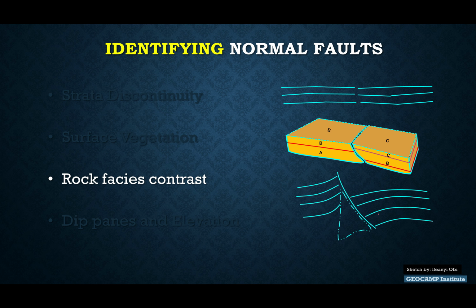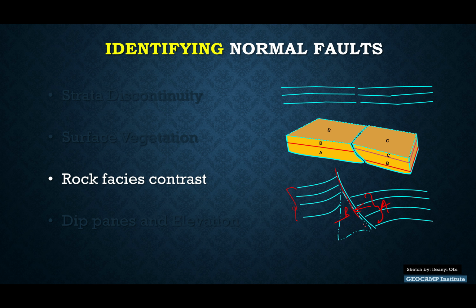Supposing I have facies A in this area, and then moving to the west, abruptly I see a different facies B. It tells me something might have caused that abrupt change, and in most cases, especially if you're able to establish a sense of movement such that the layers in facies A you actually find up and shallower in the other area in the west, then we're able to make a case that maybe we have a fault separating the western and the eastern block.